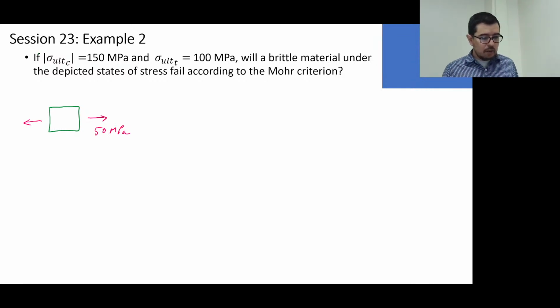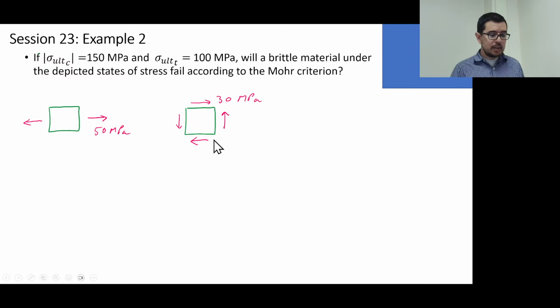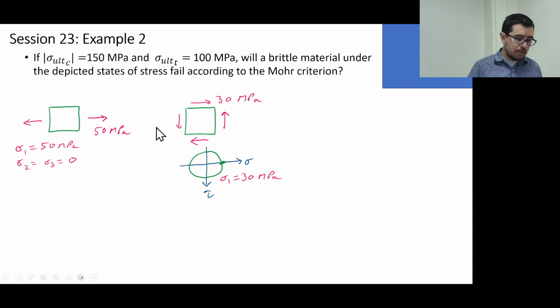In this case there's not a specified safety factor, so it's a little bit different. We've seen these before, but we're not going to have a safety factor. It's a little bit out of order, but let's do this one first. Sigma 1 is equal to 50 megapascals. Sigma 2 is equal to sigma 3 is equal to 0.